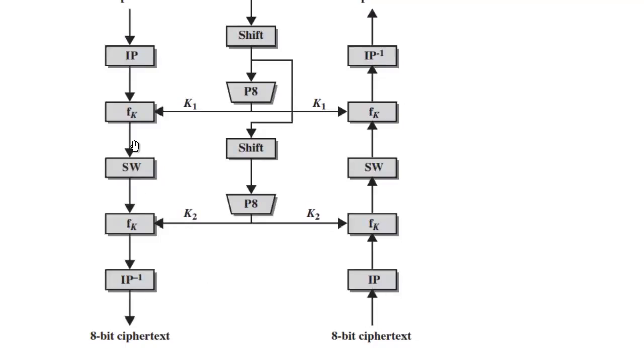One thing to notice is that during the encryption process I start with the plain text and initial permutation, and the function is the same, the swapping is the same, and the keys are the same. The only thing that changes is that encryption starts with the initial permutation and ends with IP inverse, whereas in decryption we start with the ciphertext with the initial permutation, and the inverse initial permutation is applied at the output to give the plain text.